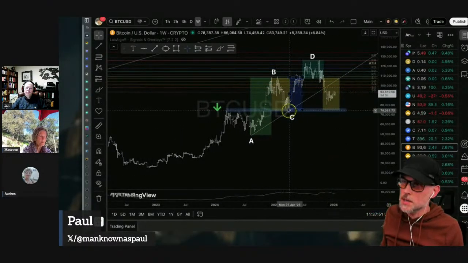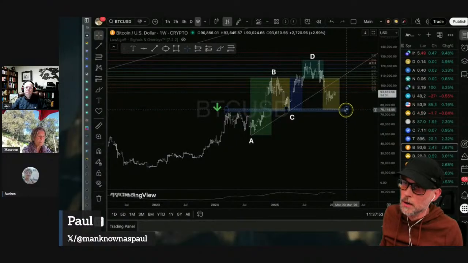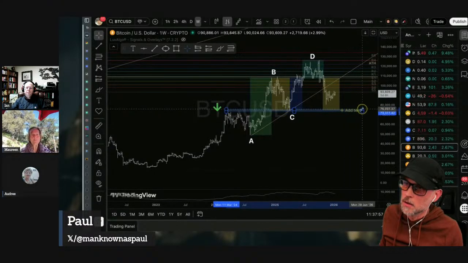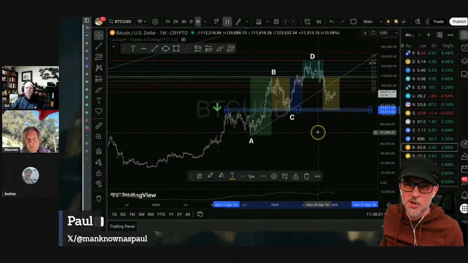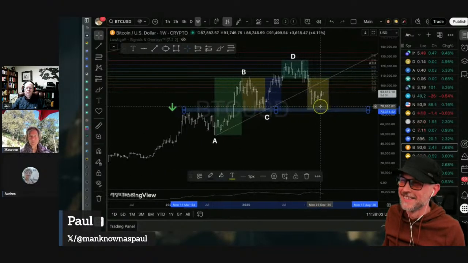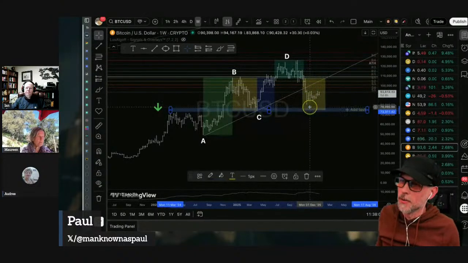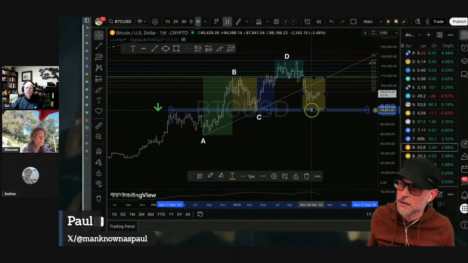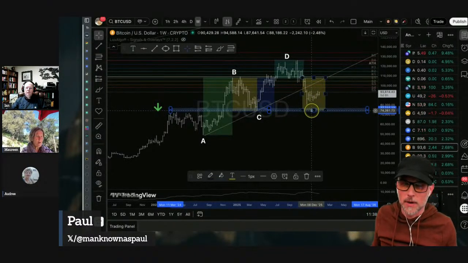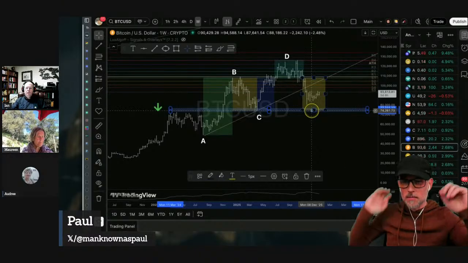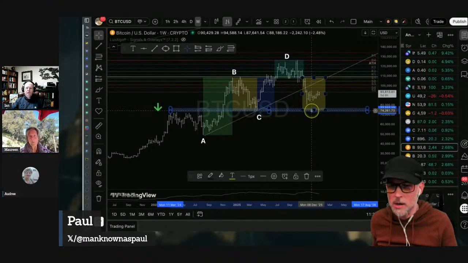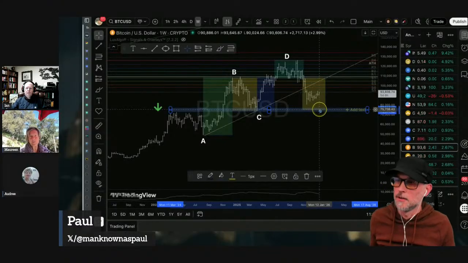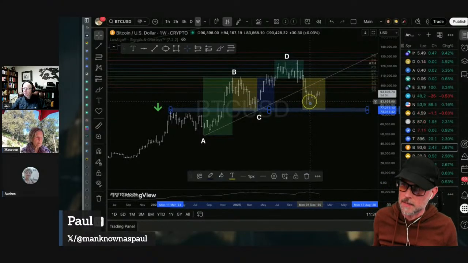And this C area, this whole area here, this is what you call doubling down zone. How do you mean by that? Well, if it got down to here, I would have been shouting from the rooftops, telling everybody, go get my Bitcoin, while everyone else was depressed.